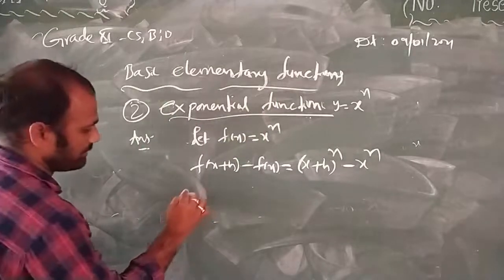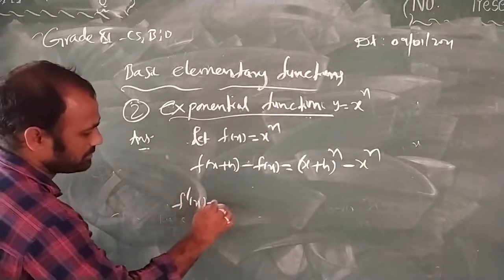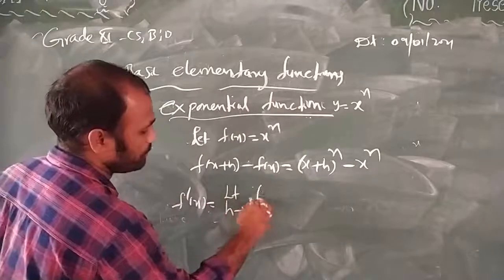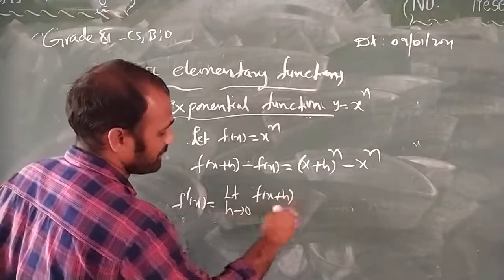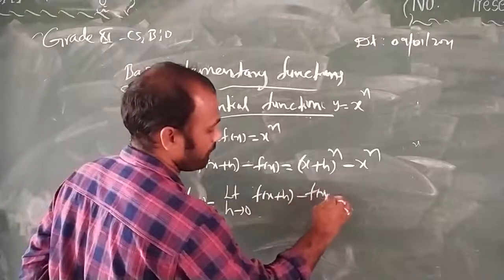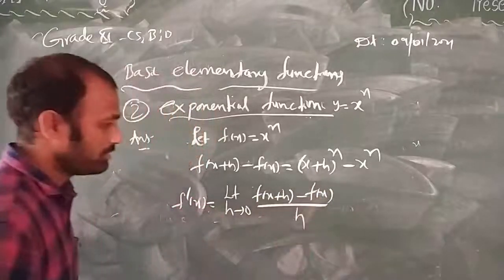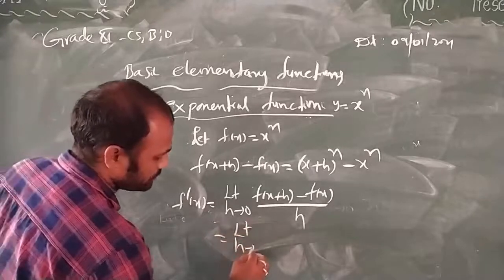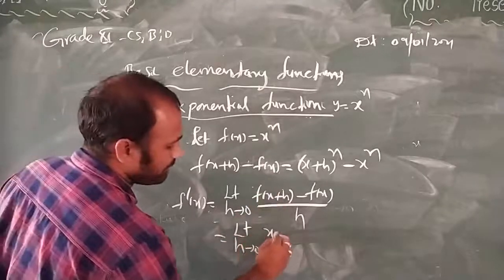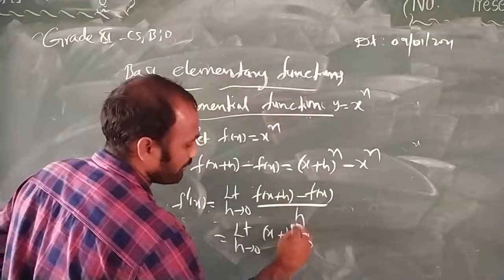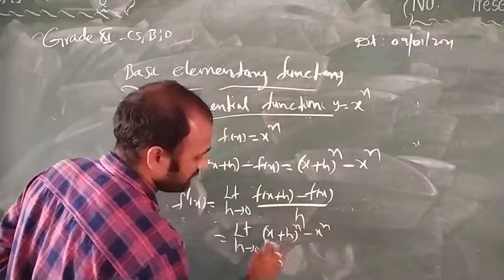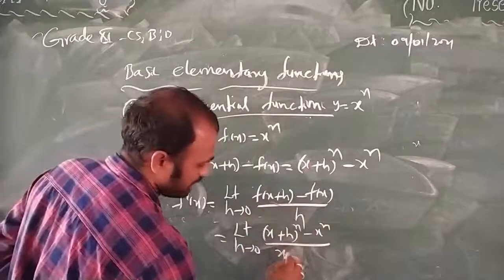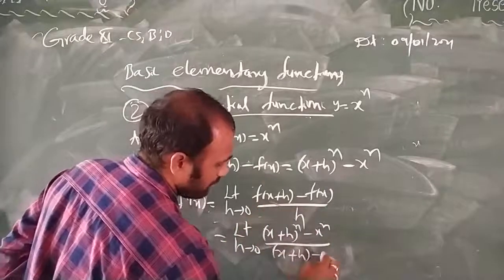So let us apply the standard first principle, f dash of x equals limit h tends to 0 of f of x plus h minus f of x divided by h. If I substitute here, limit h tends to 0 of x plus h whole power n minus x power n divided by, instead of x, we can write this as x plus h minus x.